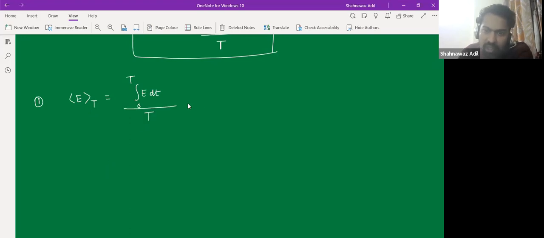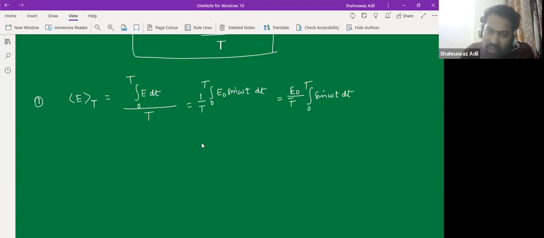So I will directly write, this would be the integral from 0 to t of E naught sine omega t dt divided by t, let me write it as 1 by t, 0 to t. E naught is taken outside. So this is the integration of sine omega t dt.